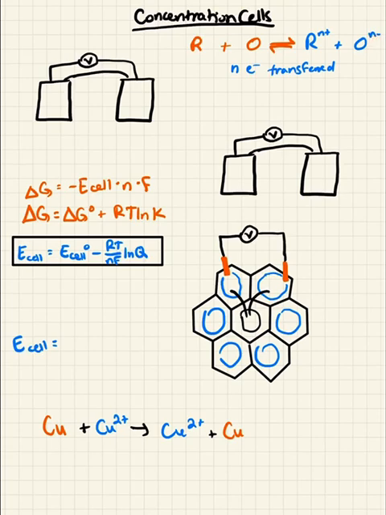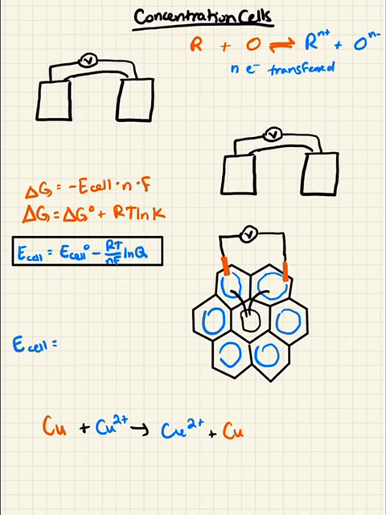And in whatever the balanced reaction is of this reaction, we would have n number of electrons transferred, and that value is important in some of the calculations regarding galvanic cells.